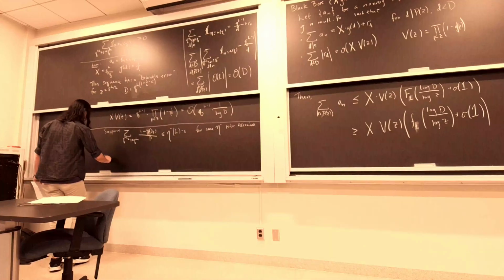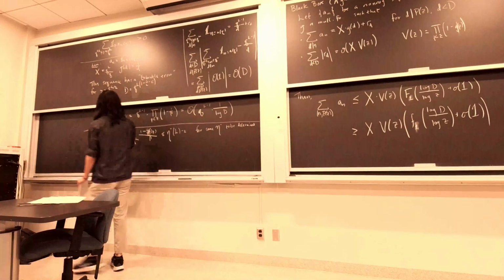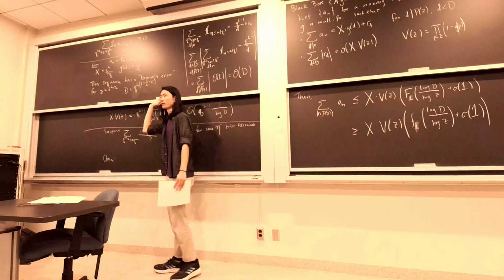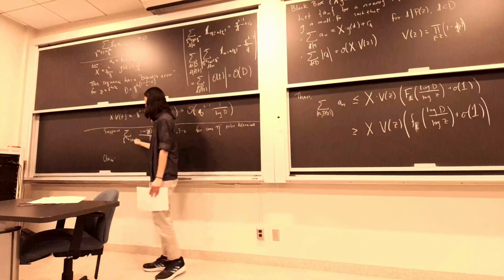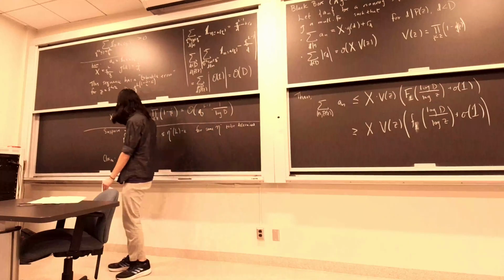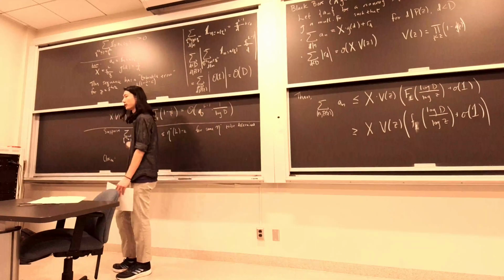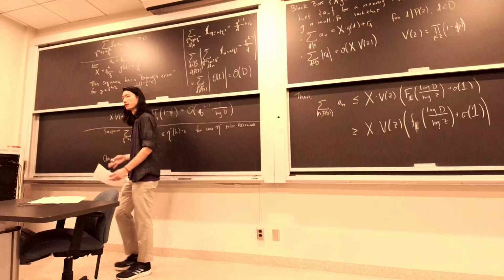But in claim, again, like I explained, this capital D is not quite good enough. I can't directly apply my black box. But if I give myself a little bit of room on the upper bound, I say, I don't really care about the terms only less than q to the L. I go to q to the L plus L over 2.